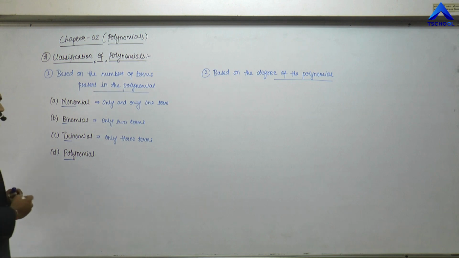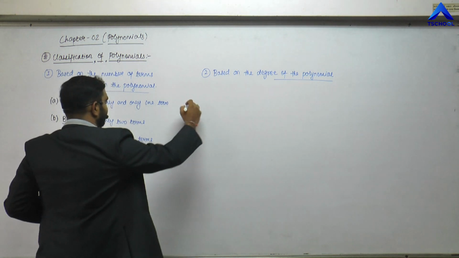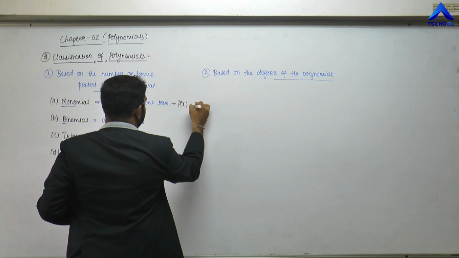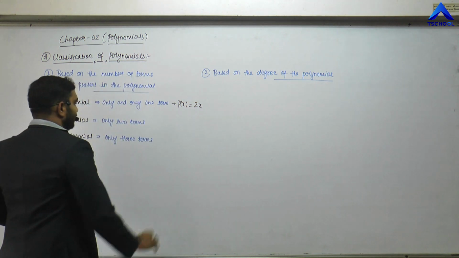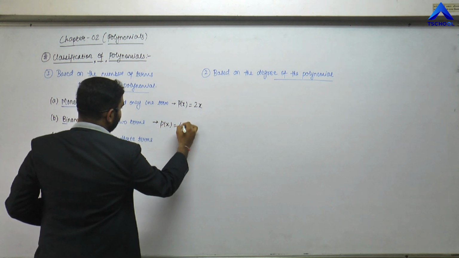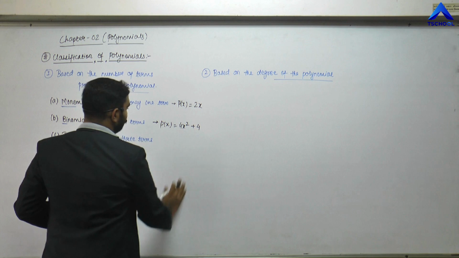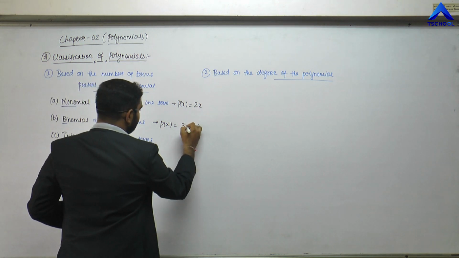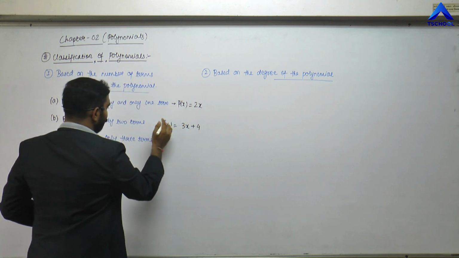Okay friends, now let me write down one example of each of these. Only one term: p of x is equal to 2x, right? Only 2 terms: p of x is equal to 3x plus 4, right?